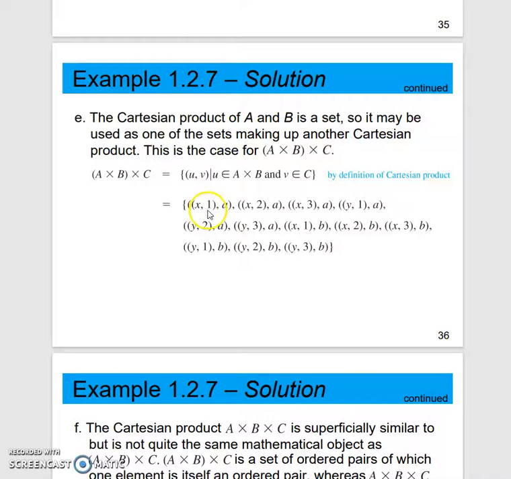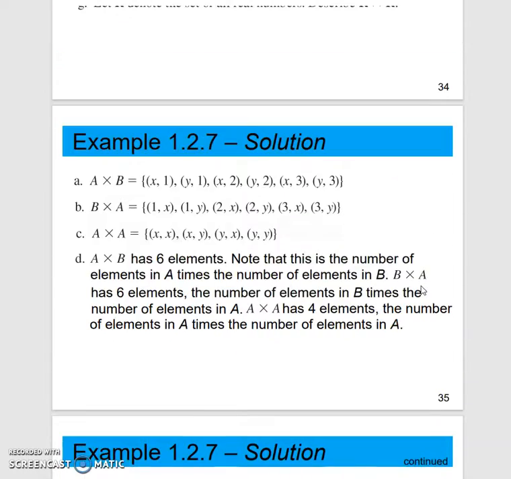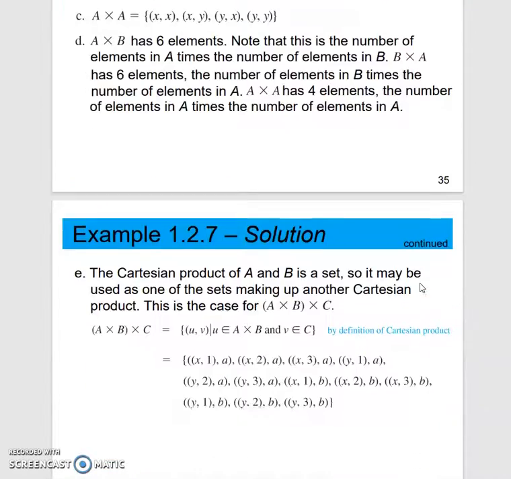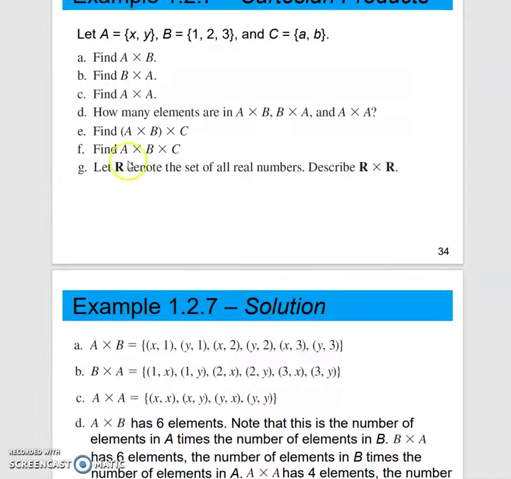So I've got (x, 1) in parentheses, and then comma a, and then (x, 2) in parentheses, comma a, (x, 3) in parentheses, comma a, and we will then have that for the next few values as well. It does look a little bit strange, but that is how we are going to express that.